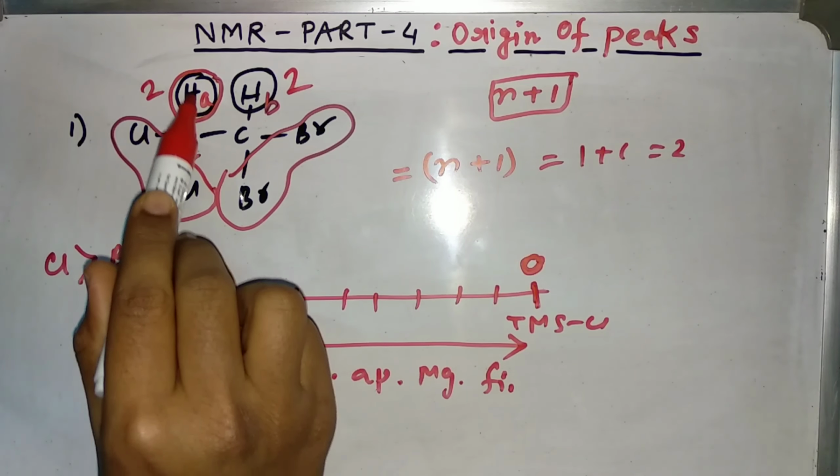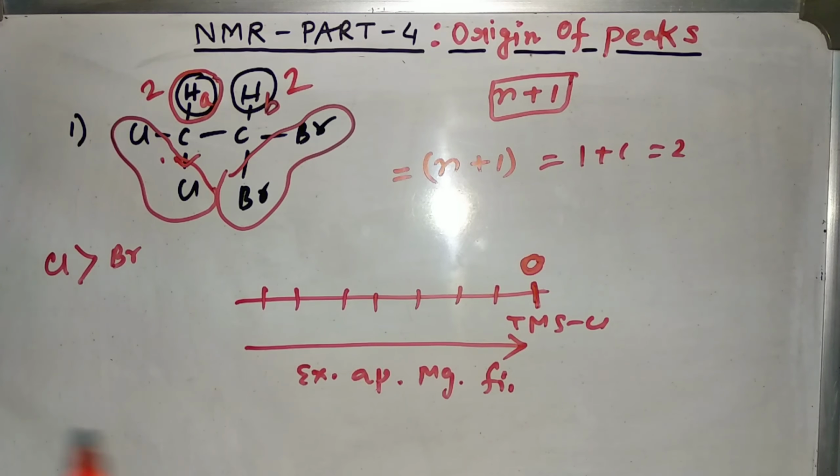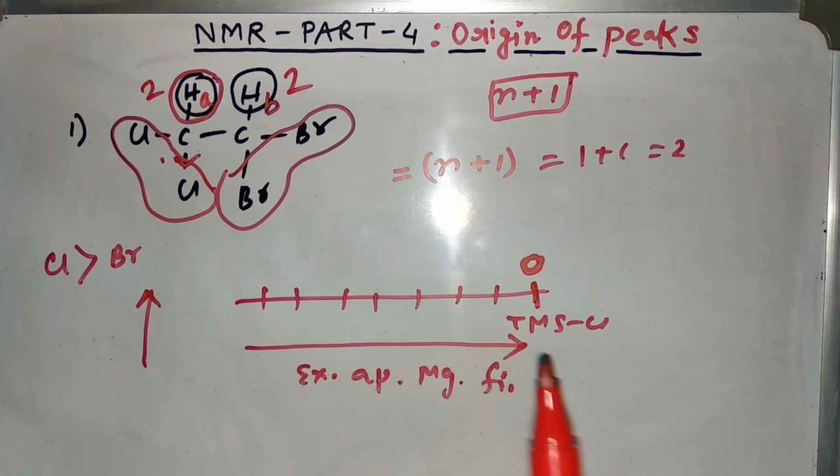That causes HA to give its peak at lower externally applied magnetic field, because if we apply the external magnetic field at lower strength, then it will easily resonate and give the NMR peak. As I have told you already in my previous videos, you can check my previous videos by clicking the I button.